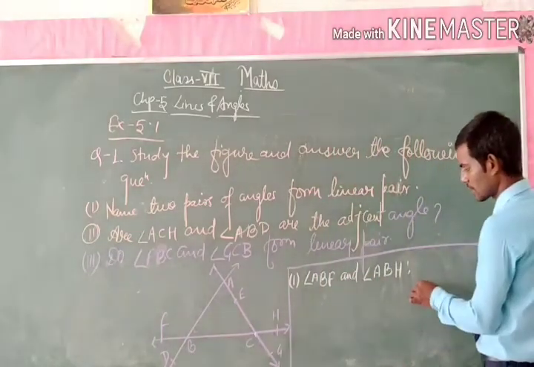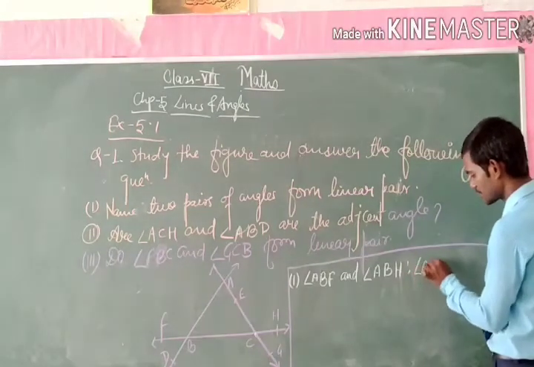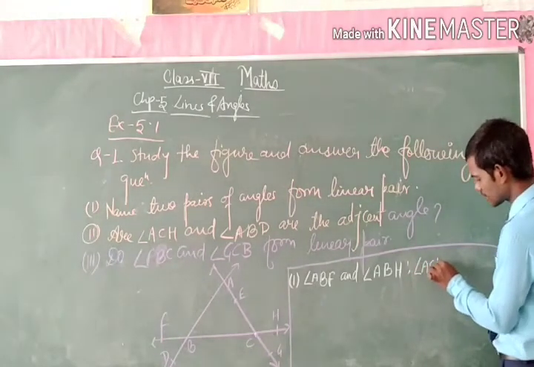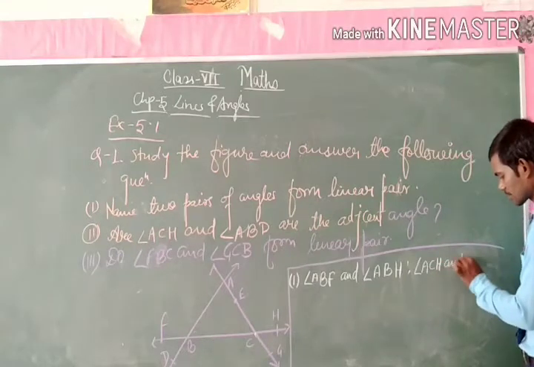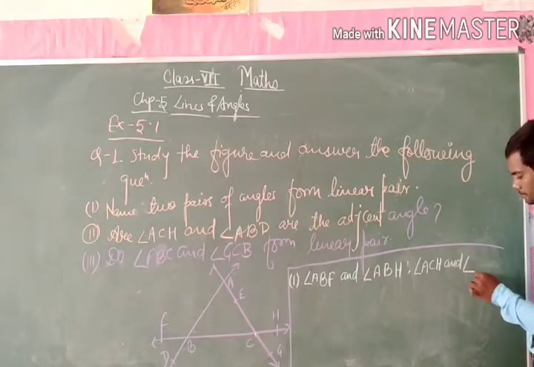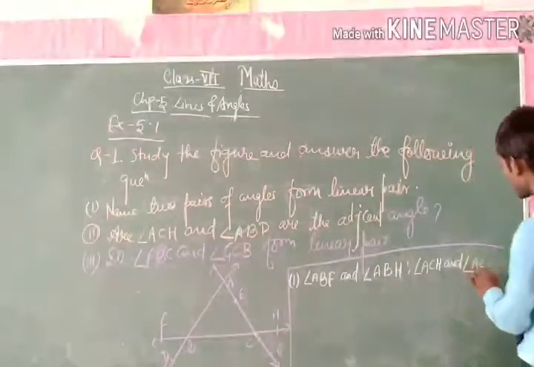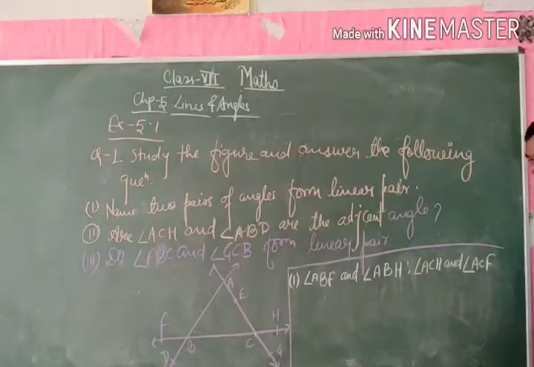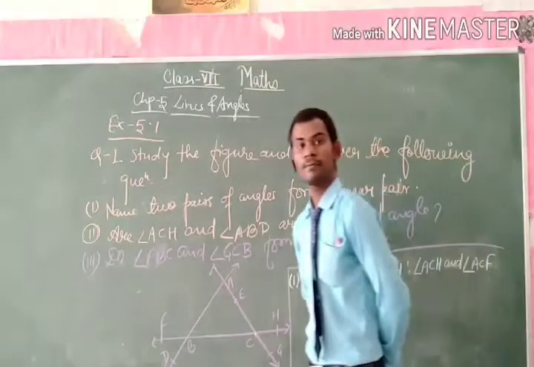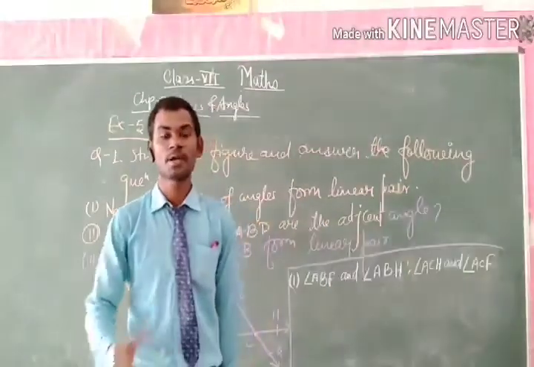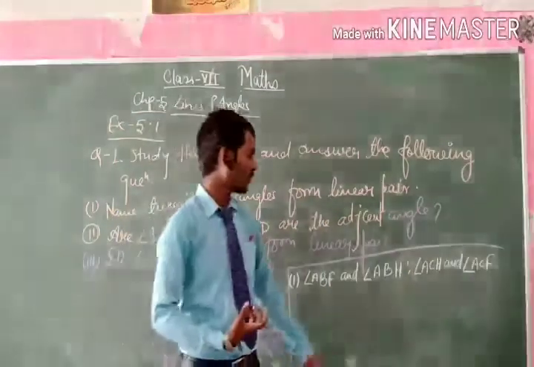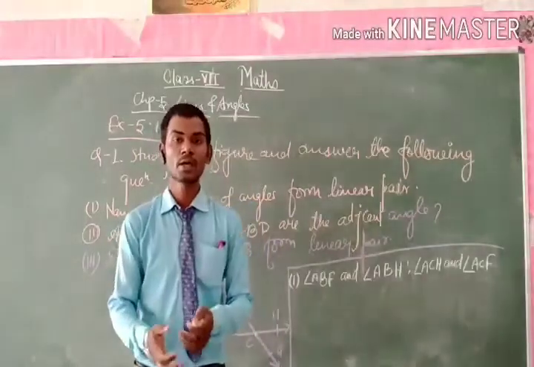So we write angle ACH and angle ACF. So this is the first pair of linear pairs.